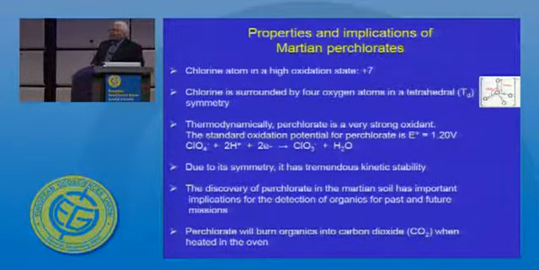Because chlorine is surrounded by 4 oxygen atoms in a tetrahedral form, it is very stable. So thermodynamically speaking, it's a very strong oxidant, but kinetically speaking, due to its symmetry, it is basically unreactive.